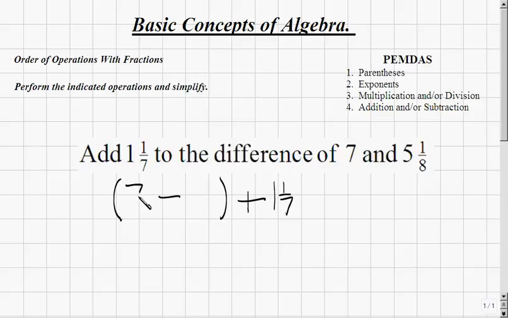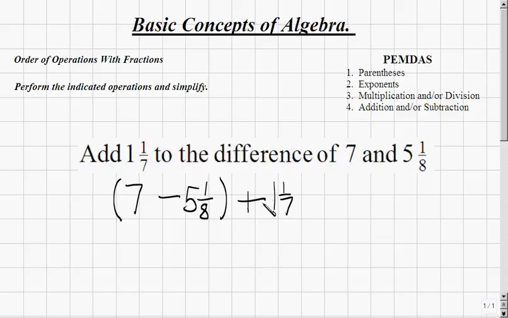And then afterwards, we'll add 1 and 1/7 to that. So the phrase becomes 7 minus 5 and 1/8 plus 1 and 1/7.